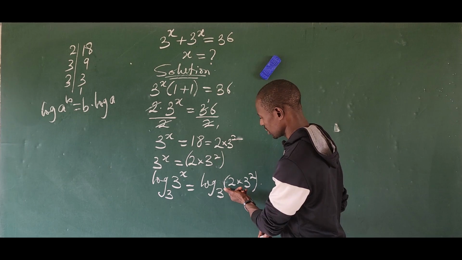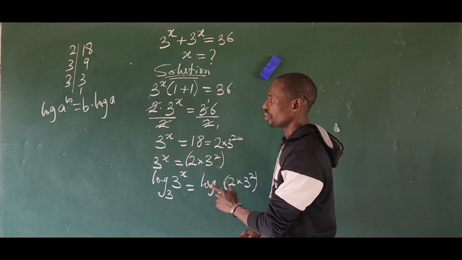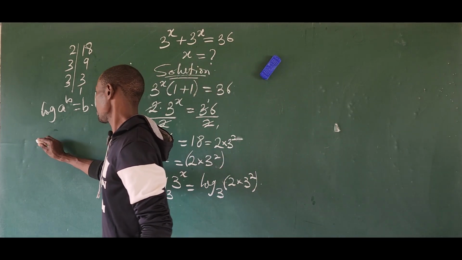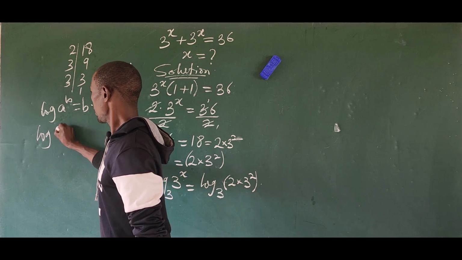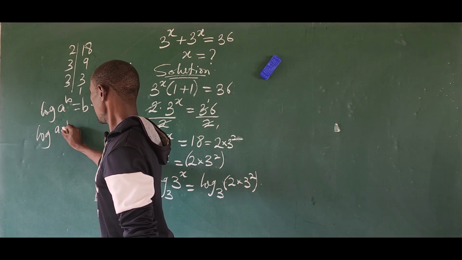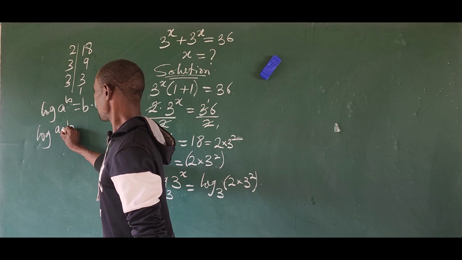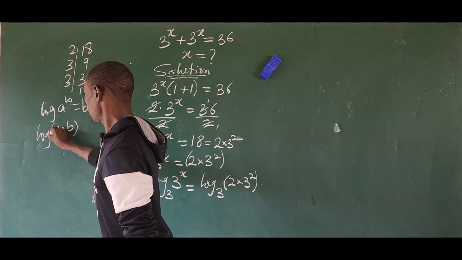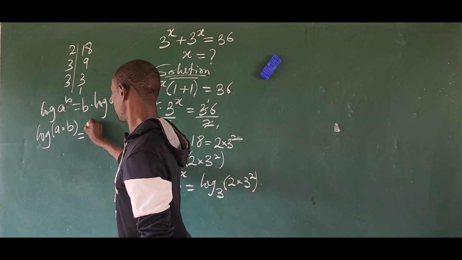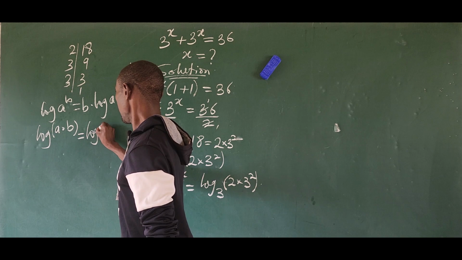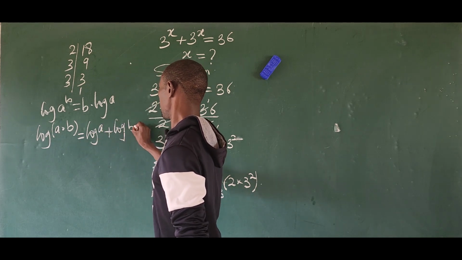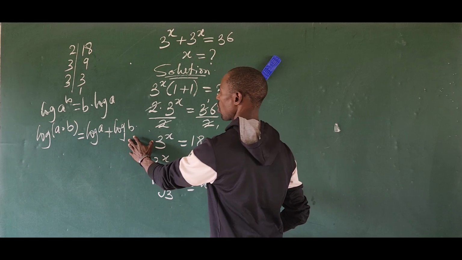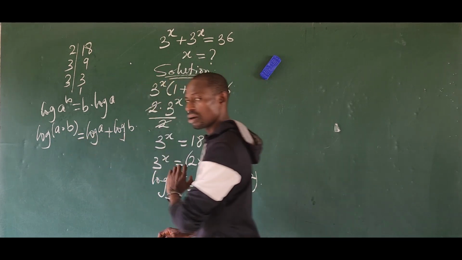Here we have a multiplication, so we apply the multiplication law, which says that if you have log of a times b, let's put this in brackets, this is equal to the log of a plus the log of b. This is what we call the multiplication law of logarithm.